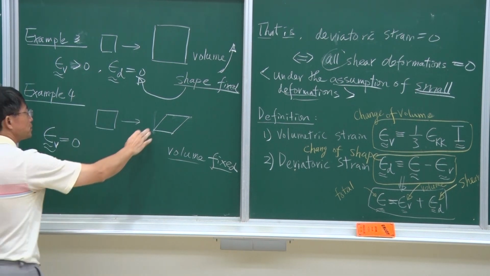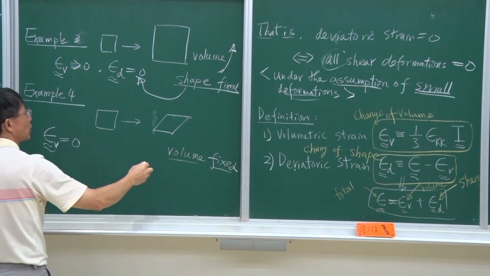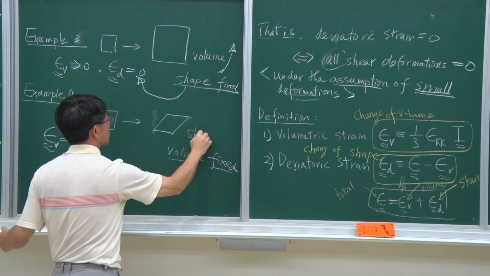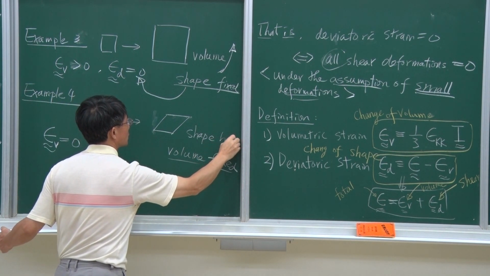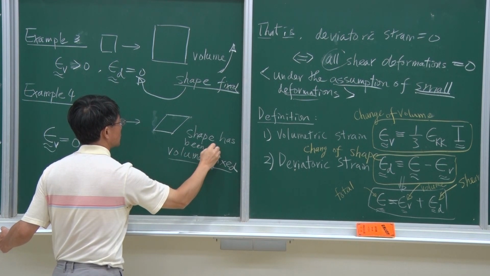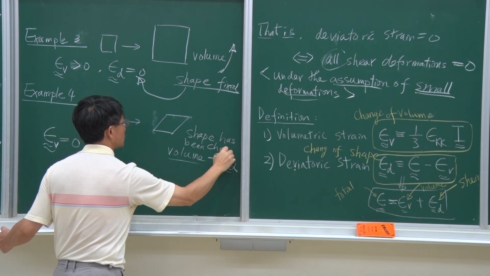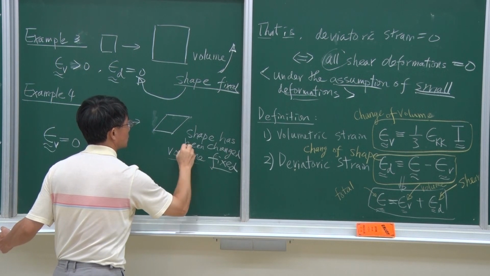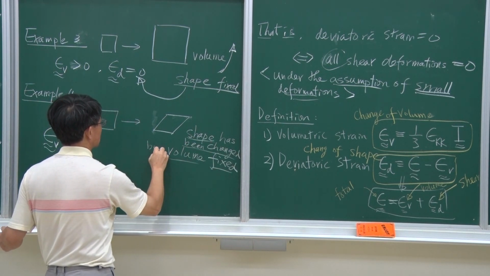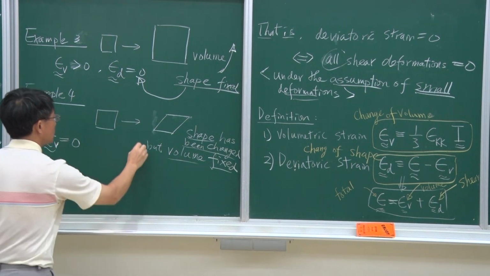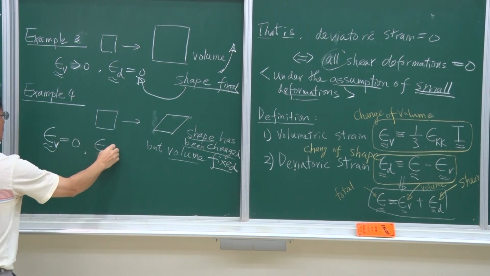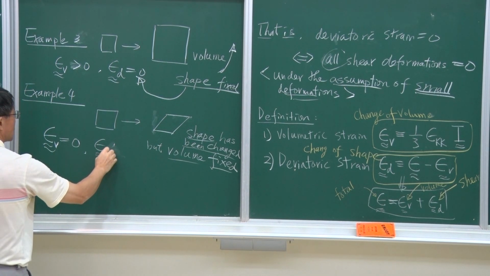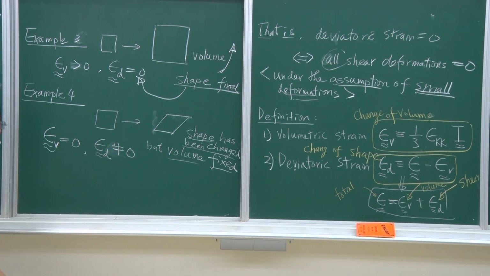And because the shape has been changed, the deviatoric strain does not equal 0.